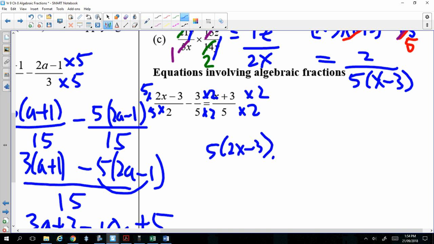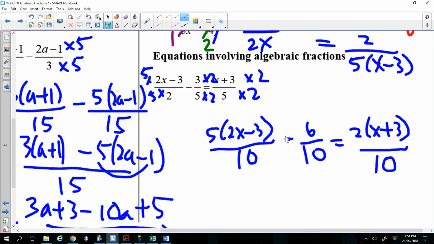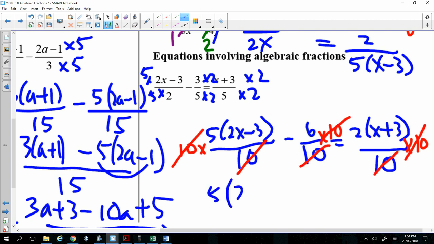So times top and bottom by 5, minus 6 over 10 equals 2 bracket x plus 3 over 10. And then you get rid of the denominator by multiplying everything by 10. That will cancel. And you end up getting 5 in bracket 2x minus 3 minus 6 equals 2 bracket x plus 3. Does that make sense? And then expand, collect like terms.